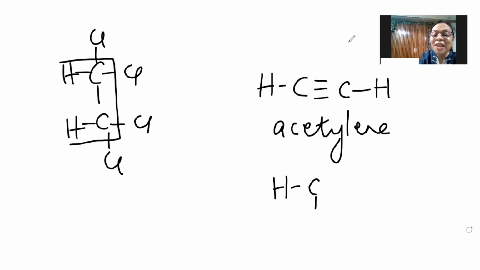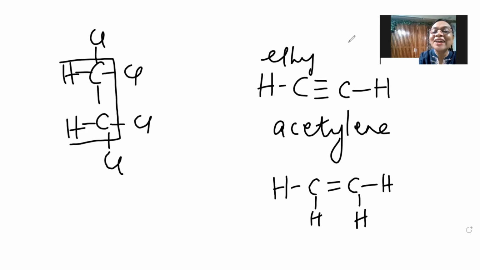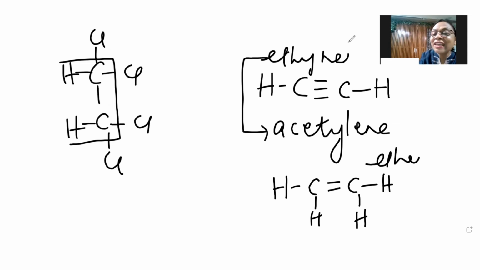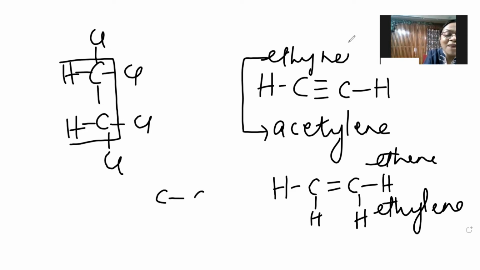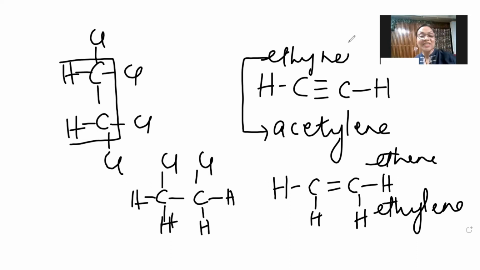Similarly, what is the common name of this? Ethene. So the common name of ethyne is acetylene, and the common name of ethene is ethylene. So you must have figured out why this compound, the vicinal dihalide of chlorine, was called ethylene.